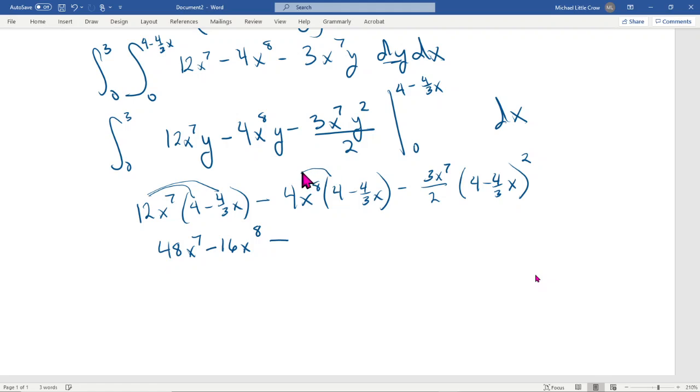Here we distribute through, and we're going to get 16x to the 8th. Negative times a negative becomes positive, 16/3 x to the 9th. And then before we do this one, let's go ahead and FOIL this out.